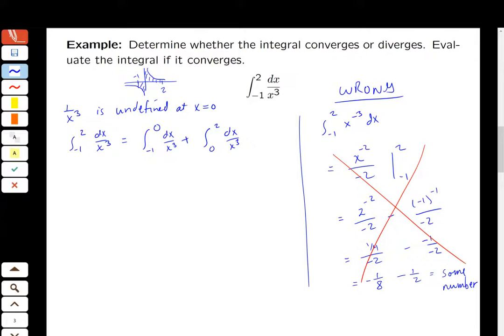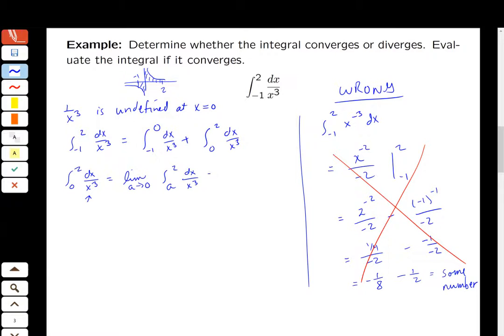What we're going to do is evaluate each of these integrals separately. I'm going to evaluate the 0 to 2 one first. It doesn't matter which one I do. I'm going to pass to the limit because I know the function inside the integral is undefined at 0. So I'm going to go straight to the limit.